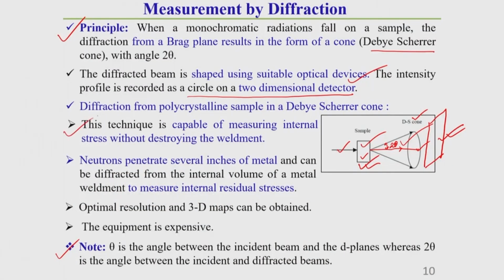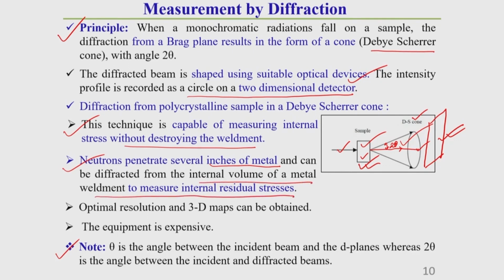That is why I have written that this technique is capable of measuring internal stress without destroying the weldment. Neutrons penetrate several inches of metal, and can be diffracted from the internal volume of the metal weldment to measure the internal residual stress.